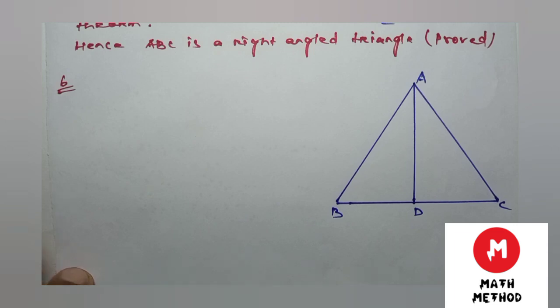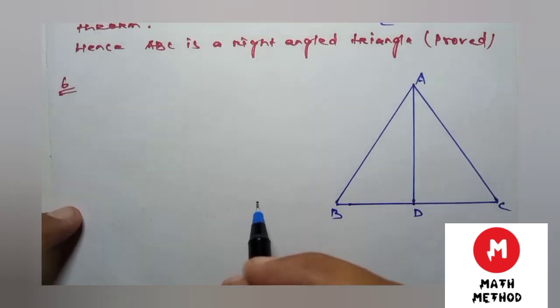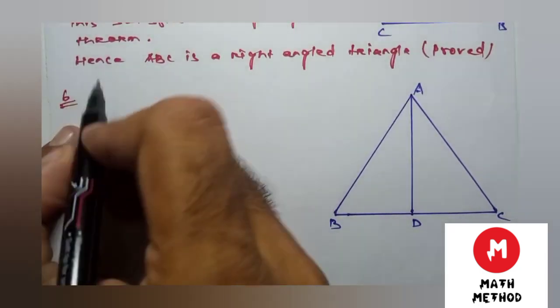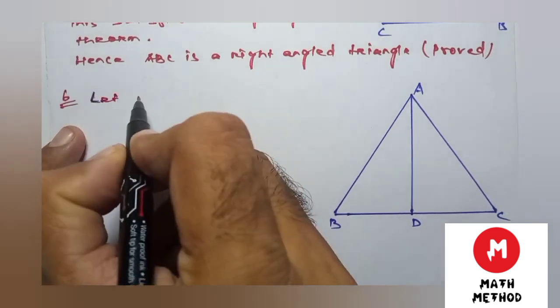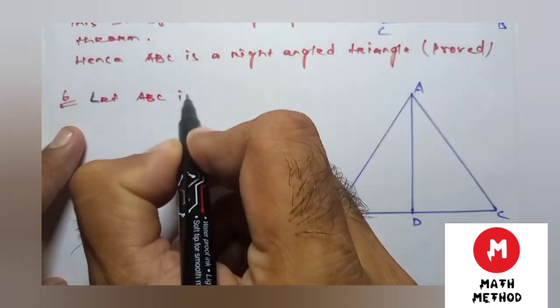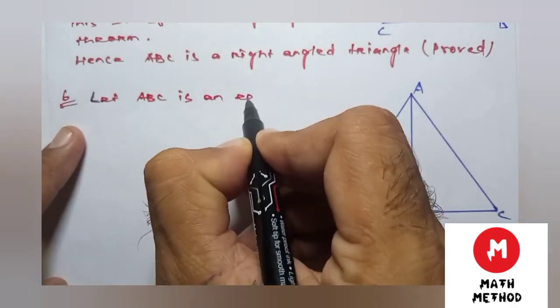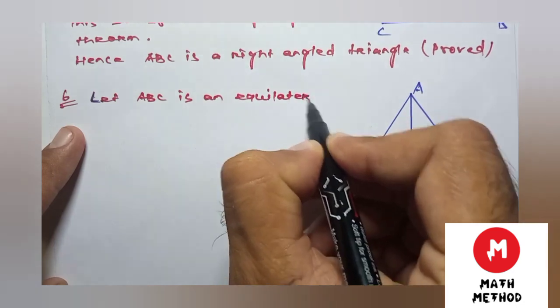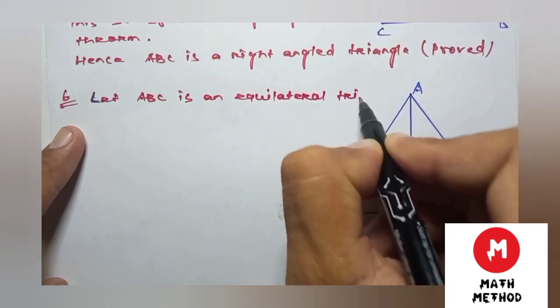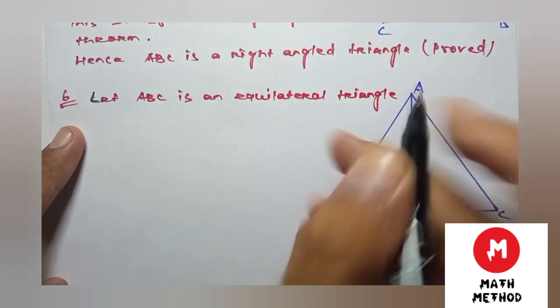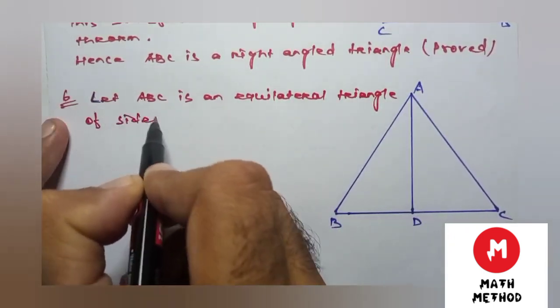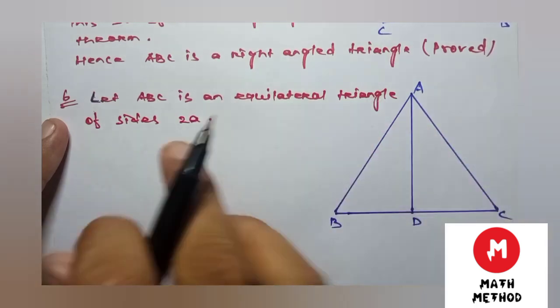Now question number 6. ABC is an equilateral triangle of side 2A. So it is given that let ABC be an equilateral triangle whose sides are 2A each.